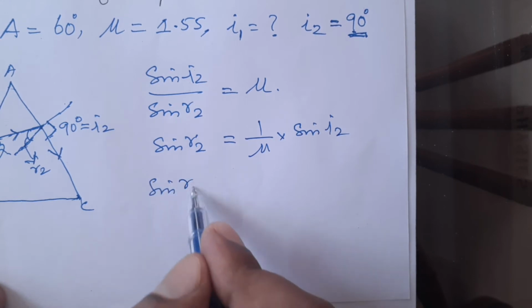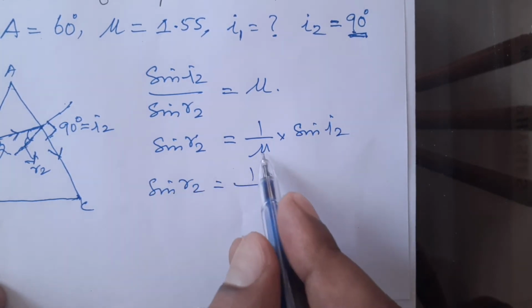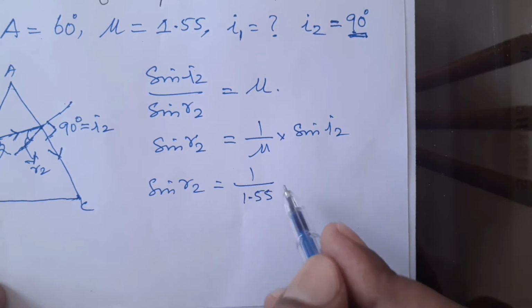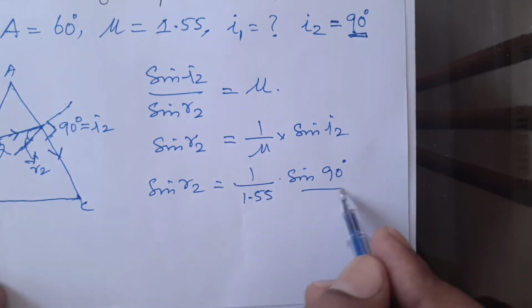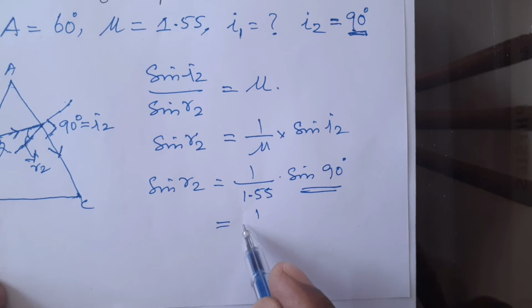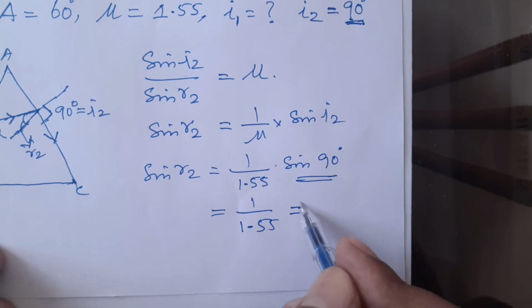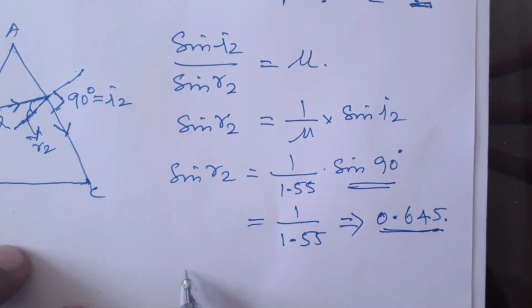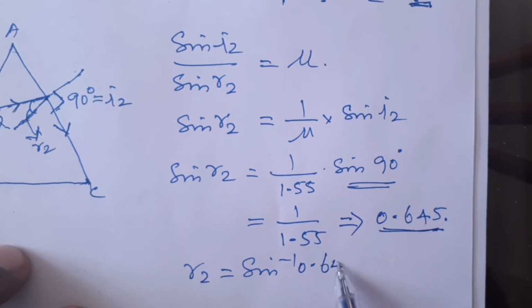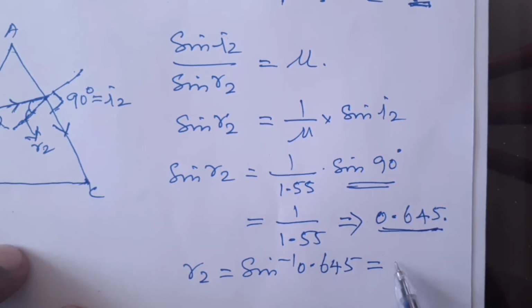That is sine of R2 equal to 1 by 1.55 into sine 90. Sine 90 is equal to 1, so simply this is equal to 1 by 1.55, which gives 0.645, or R2 equal to sine inverse 0.645, which is equivalent to 40 degree. So we got the value for R2 equal to 40 degree.